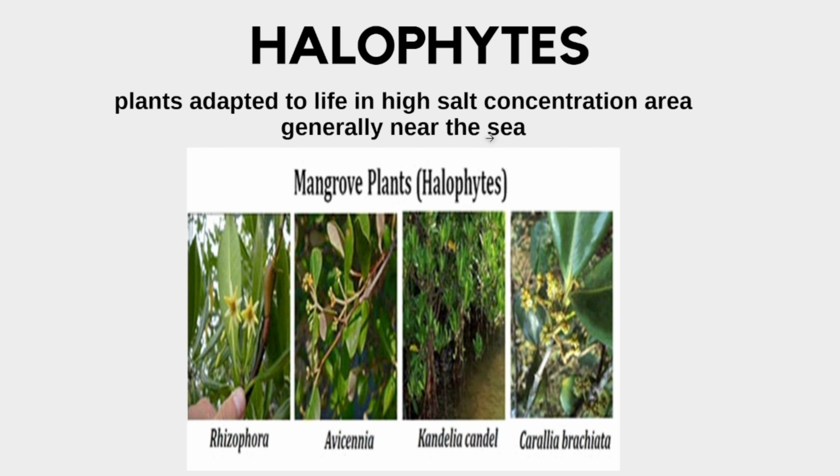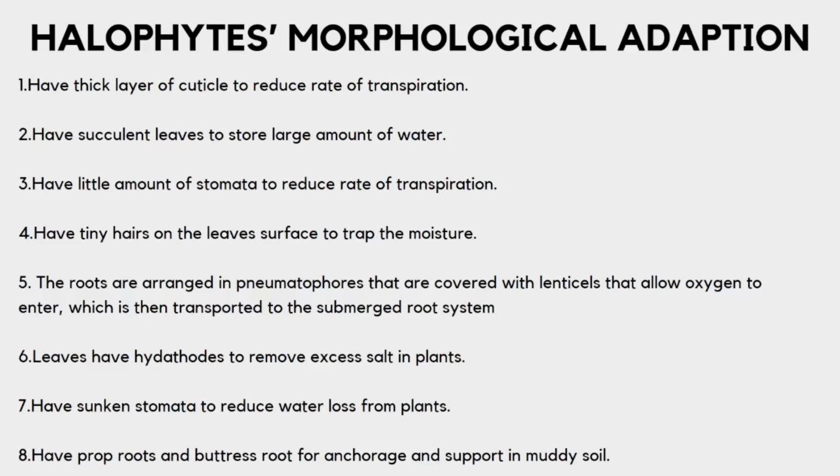Okay, next is halophyte. Halophytes are plants adapted to areas of very high salt concentration. One example is the mangrove plant. So this is the adaptation. Normally they have a thick layer of cuticle to reduce the rate of transpiration, succulently store water, few stomata, and tiny hair on the leaf surface.